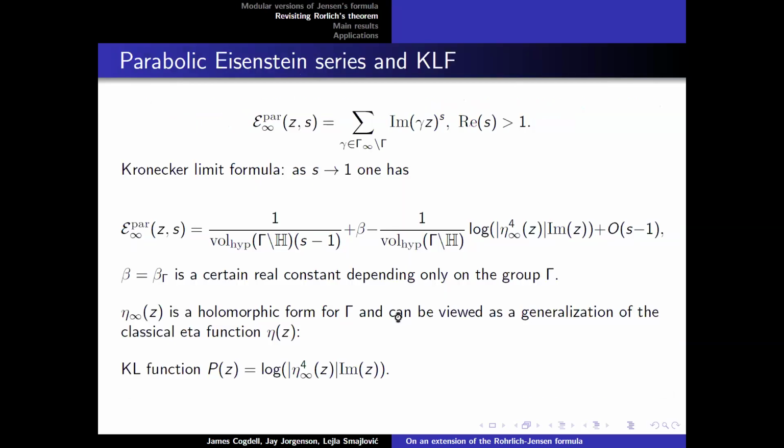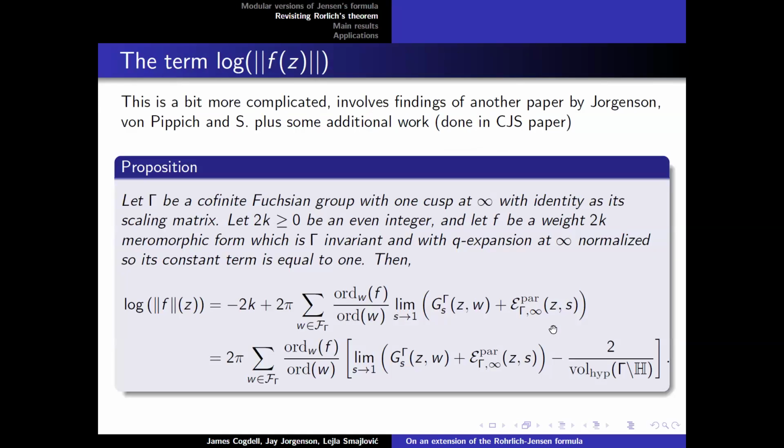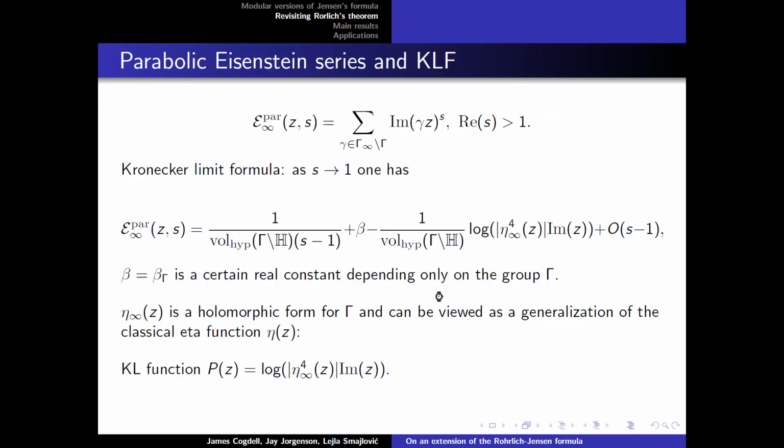Okay, so just let me now explain the notation, what this part is. This is the parabolic Eisenstein series. Okay, so the parabolic Eisenstein series is the classical one. So it's the sum over the cosets of the action.